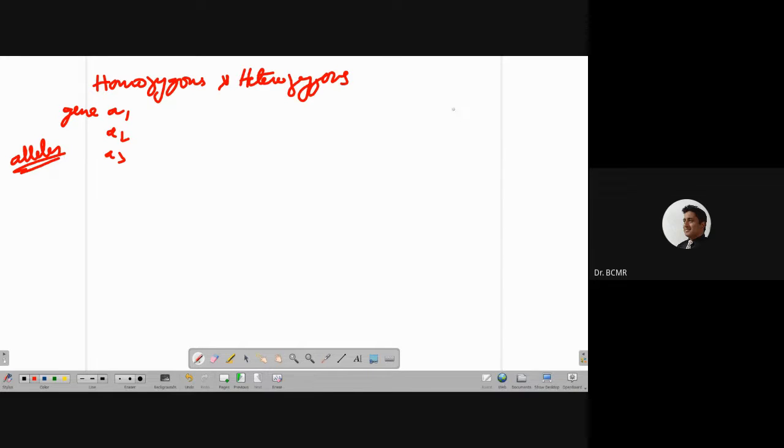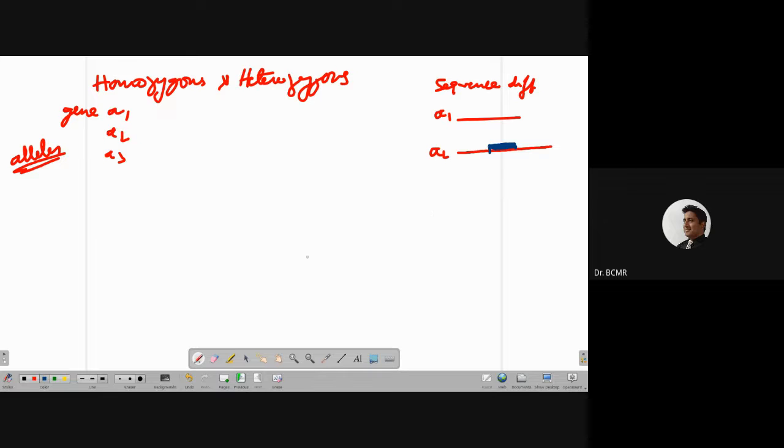When you say sequence difference, what could it be? It could be that if A1 is this way, A2 could be longer, because there is a kind of insertion. Assume that there is an insertion here, and that's why it is longer.